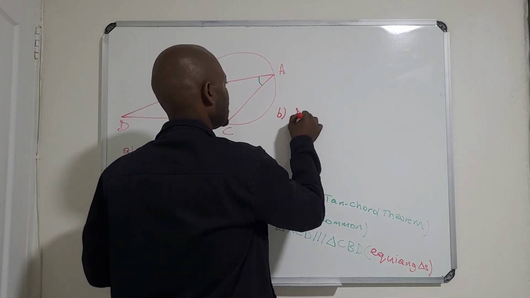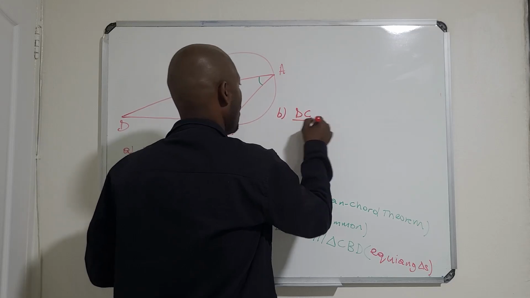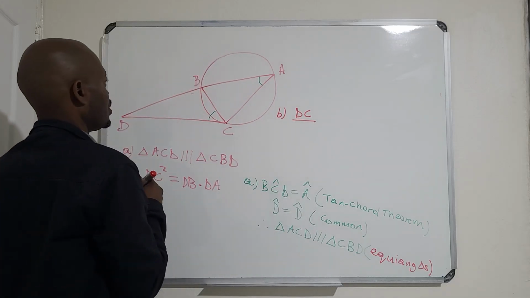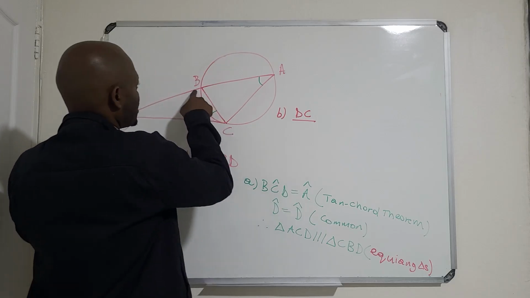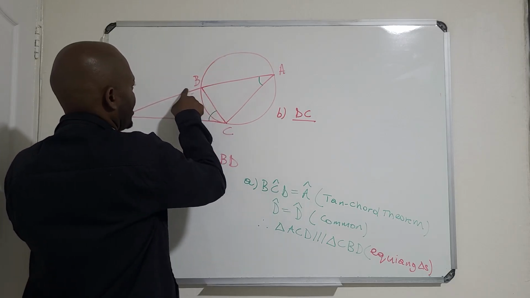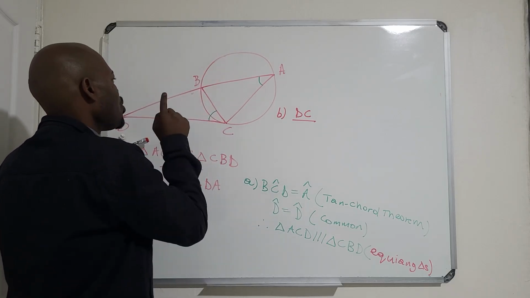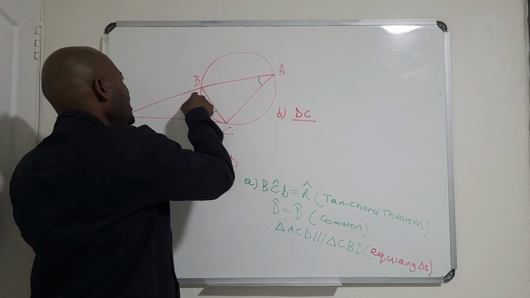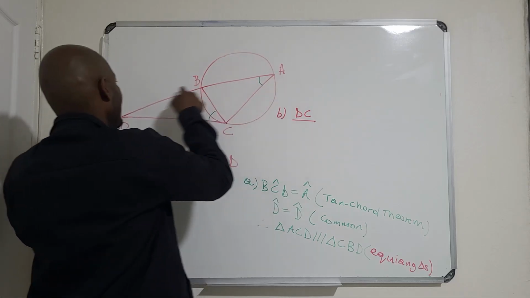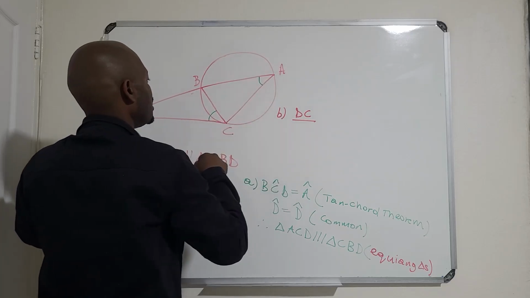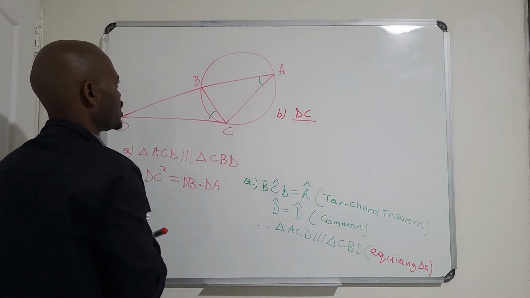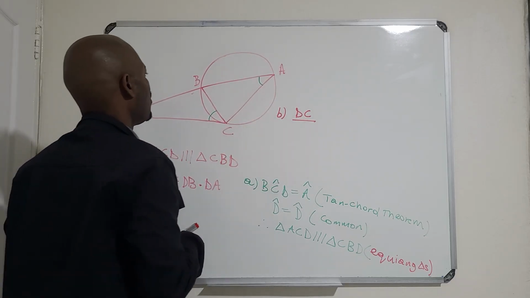DC over, I'm setting up the ratio. And DC, I know it is opposite this angle there. I need to know what this angle in this triangle is equal to.